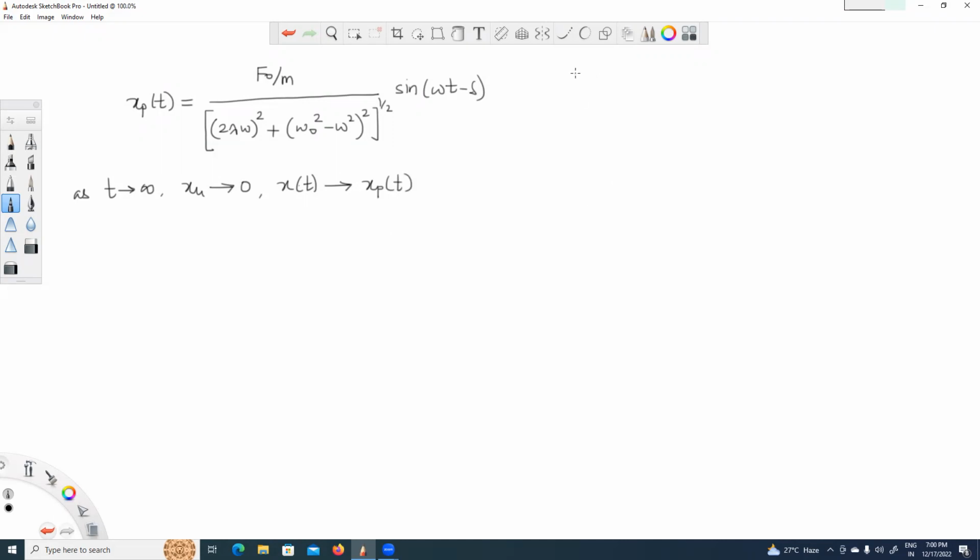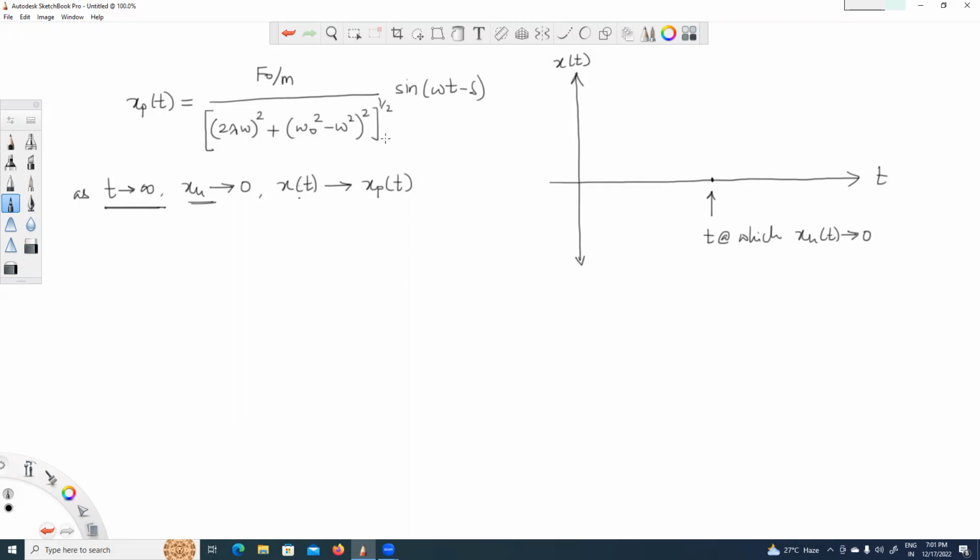If I look at this particular solution, I'm going to plot it here. This is t, this is x of t. I'm assuming that at a certain time t, xh of t has almost become zero. From here onwards, I don't have xh anymore, so my x of t will exactly look like xp.